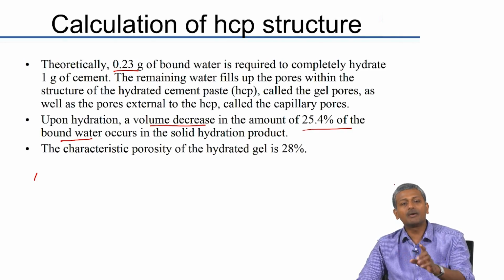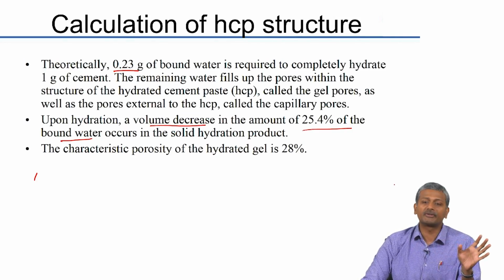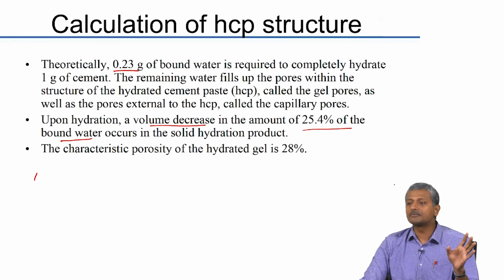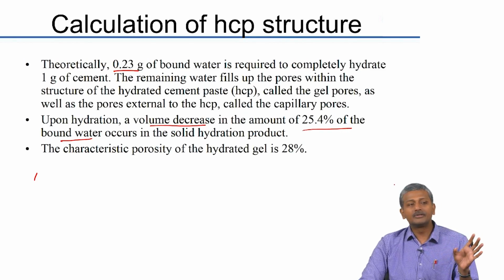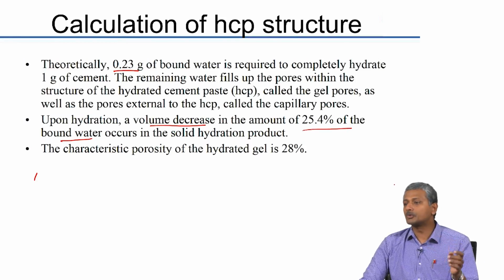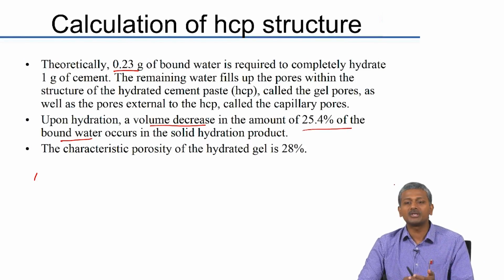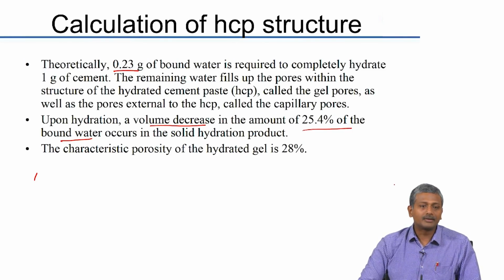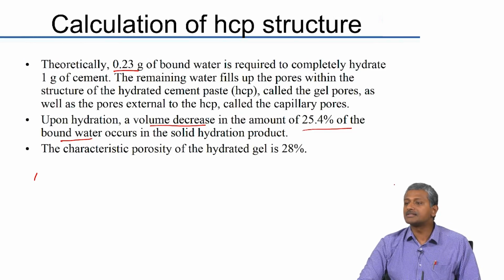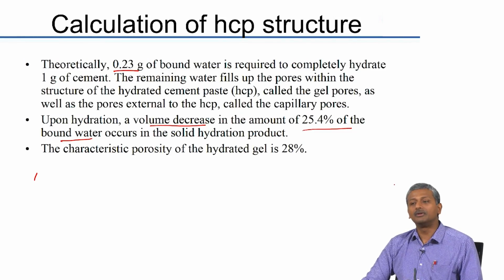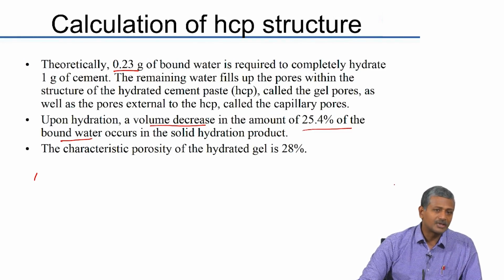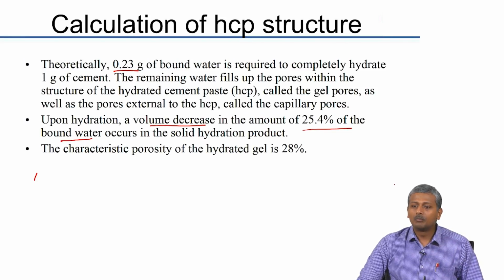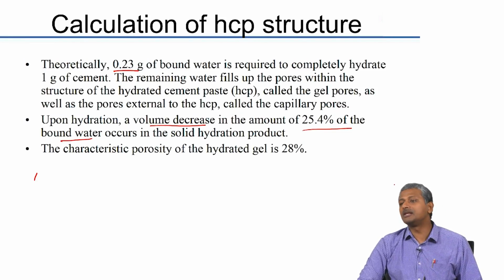If I have 1 gram of cement that hydrates 100%, that means how many grams of bound water I have? 0.23. 0.23 grams of bound water is same as 0.23 milliliters of bound water, because density of water is 1 gram per milliliter. That means your volume decrease is how much? 25.4% of 0.23 milliliters. That is about 0.06 milliliters for every gram of cement that is hydrating.